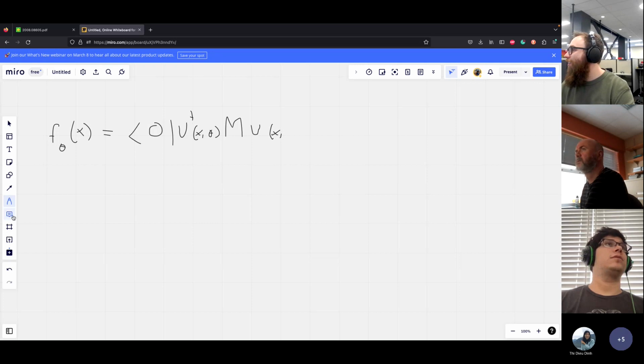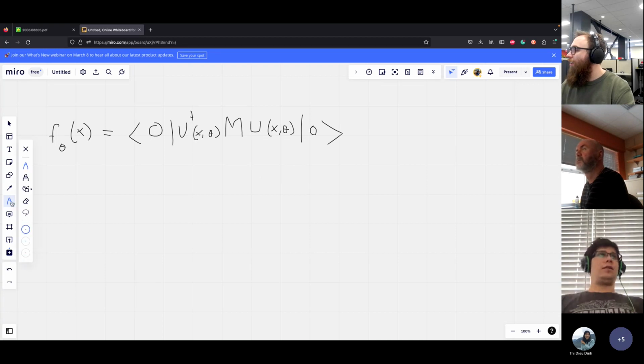Sorry, I'm trying to write with my mouse. Okay, U x theta, and then there's another 0 there. From here I'm going to tell you what this means. First, ignore everything and just look at this part.